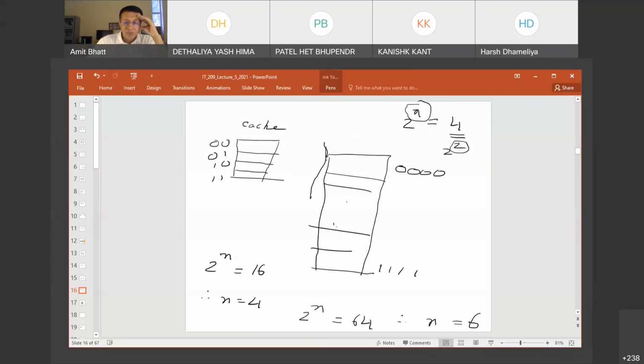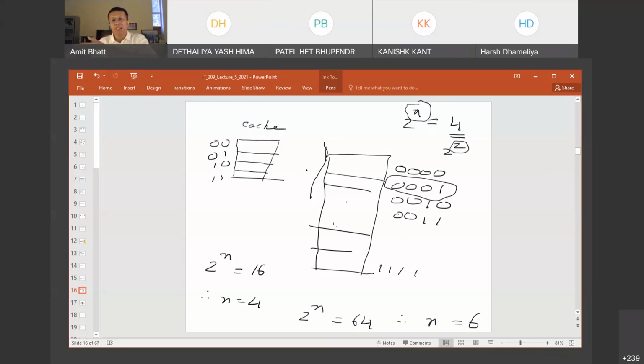Okay, so now I have the address of a particular location: 0000, then 0001, 0010, 0011, and so on and so forth. Now I want to map this address over here, right?